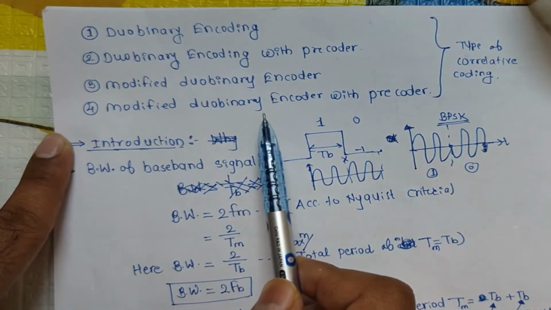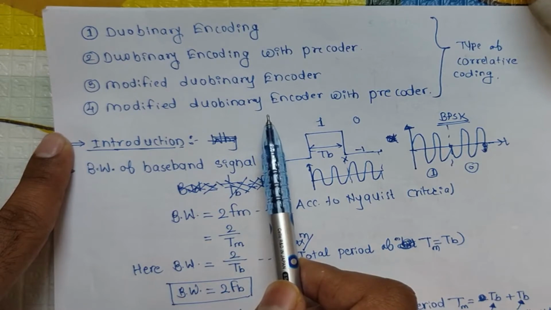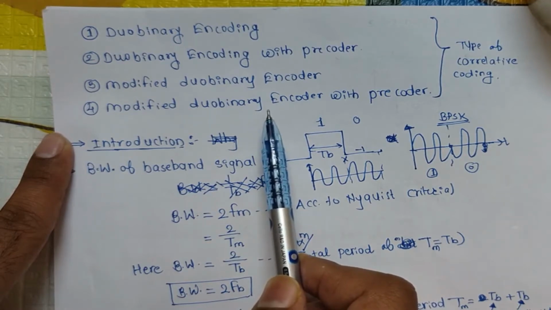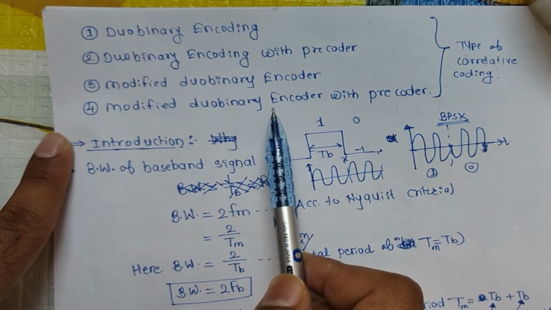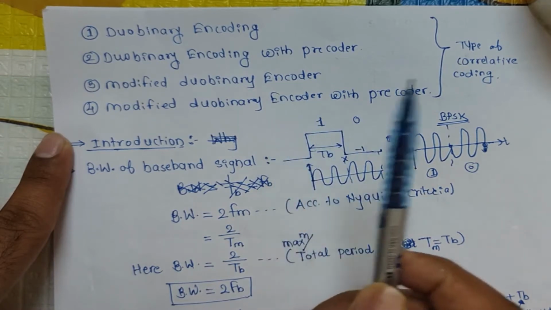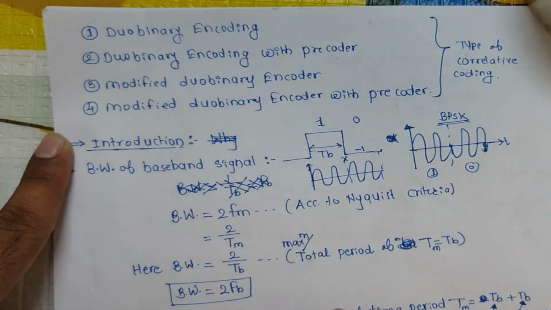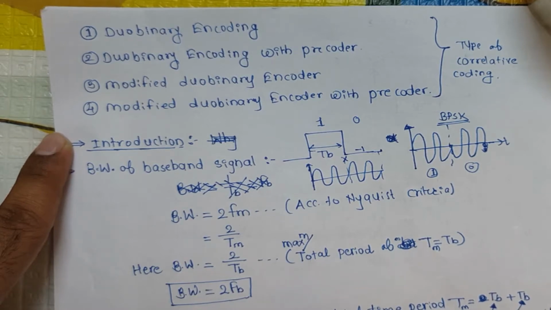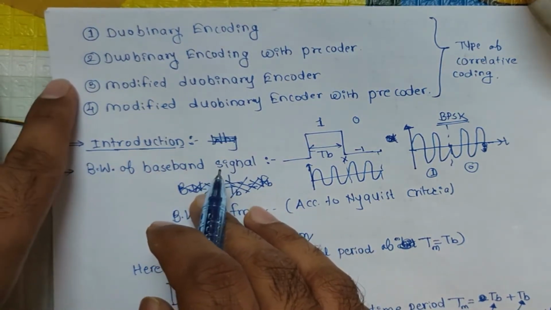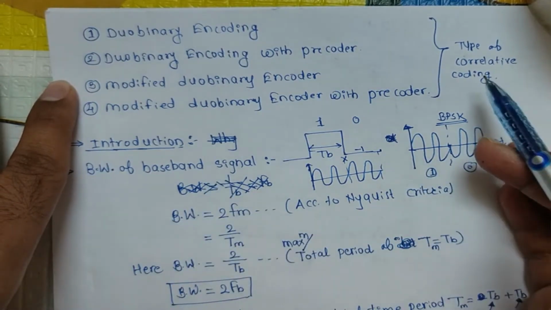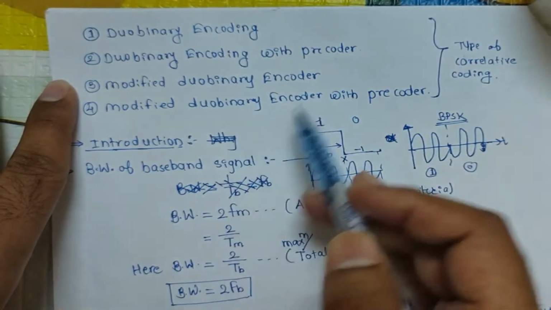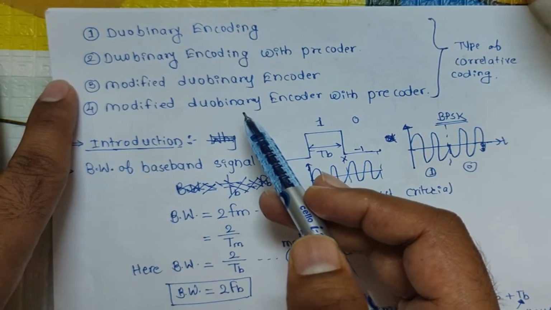So what is this duobinary encoding technique, or what is this duobinary encoder? Basically, a duobinary coder is the one which converts an uncorrelated sequence having two levels into a correlated sequence with three levels. First of all, one should know what correlative coding means, because this is all about correlative coding.